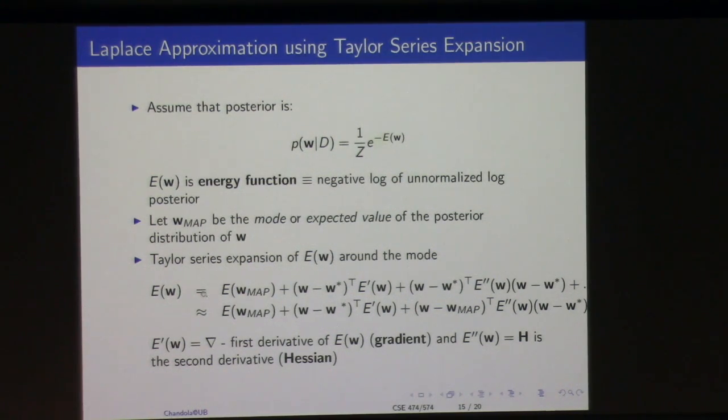If you compute this Taylor series expansion, E of W is E of W at the maximum value, plus the difference, this should be MAP, times the first derivative, plus the quadratic difference times the second derivative, plus the third derivative and so on. That's the Taylor series expansion.